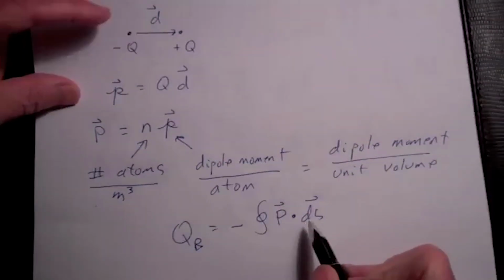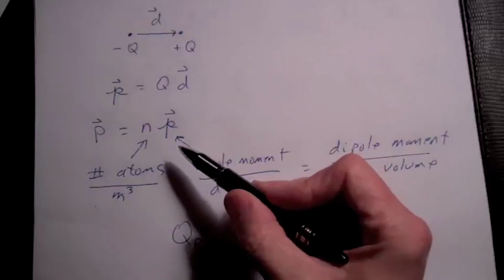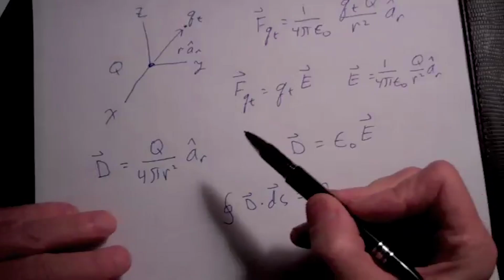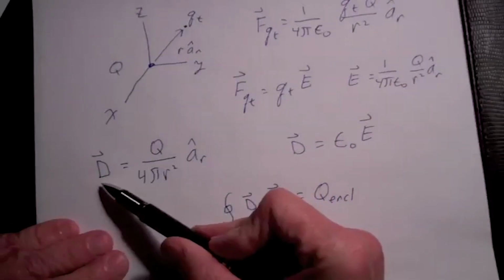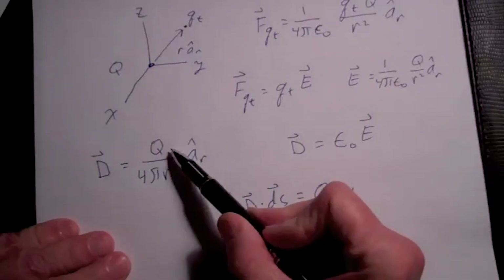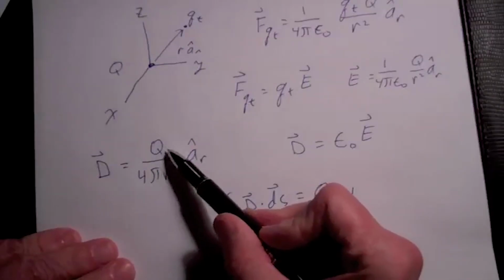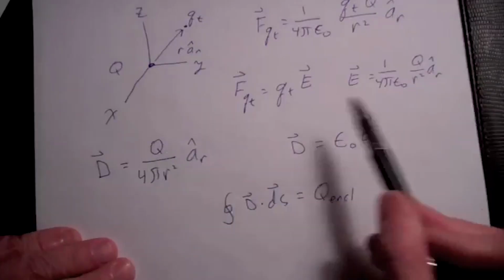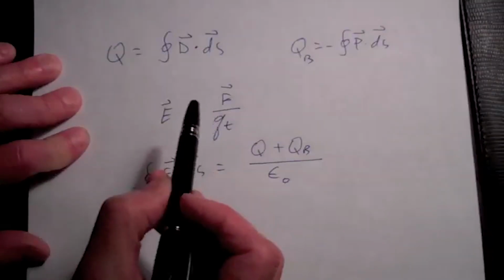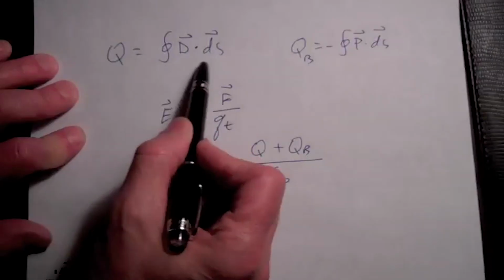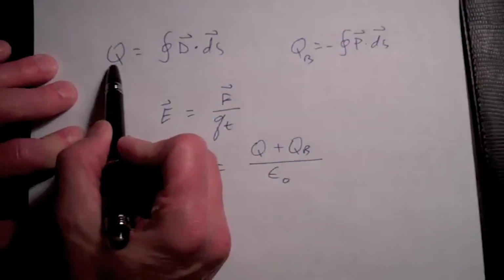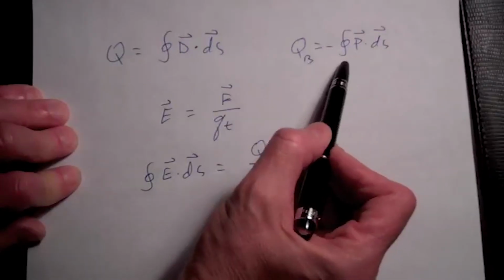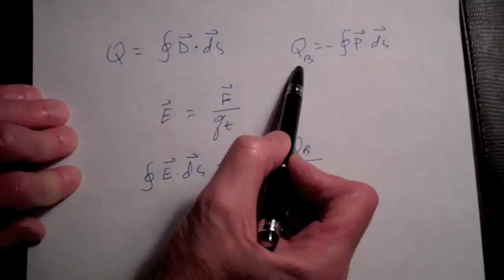So the polarization arises from these bound charges. And we're going to make the distinction now that the electric flux density arises from what we will call free charges. These are charges that are not bound but are free to move. The integral of D dot dS over a closed surface will give us the free charge enclosed, minus the integral of P dot dS around a closed surface will give us the bound charge enclosed.